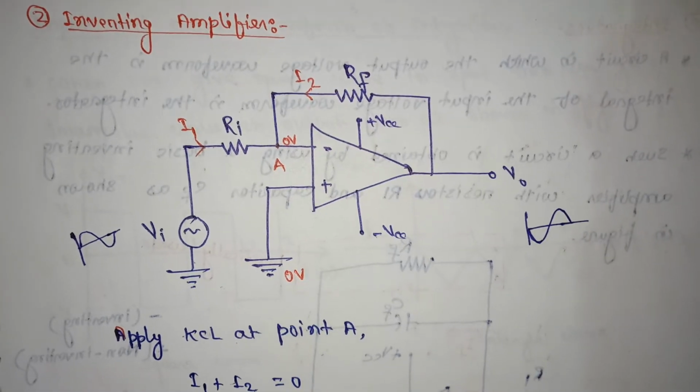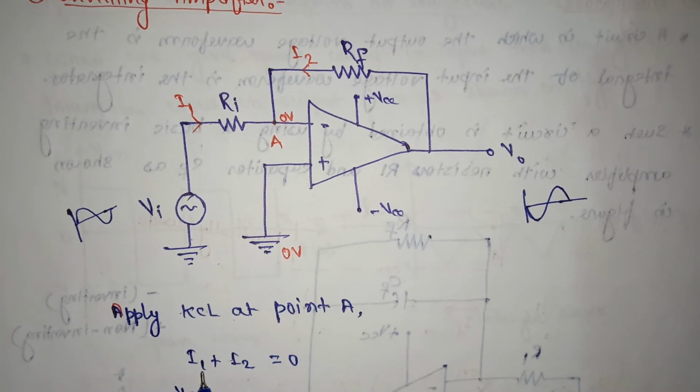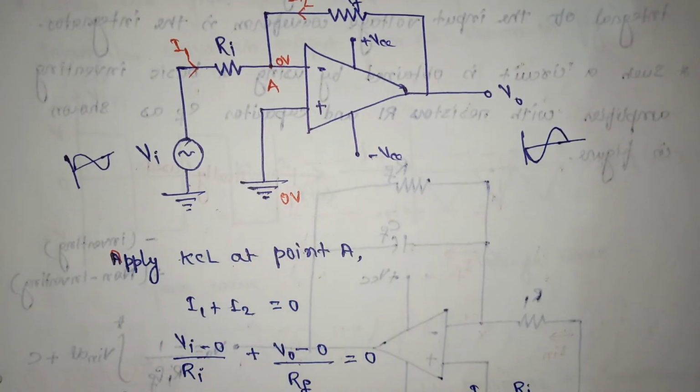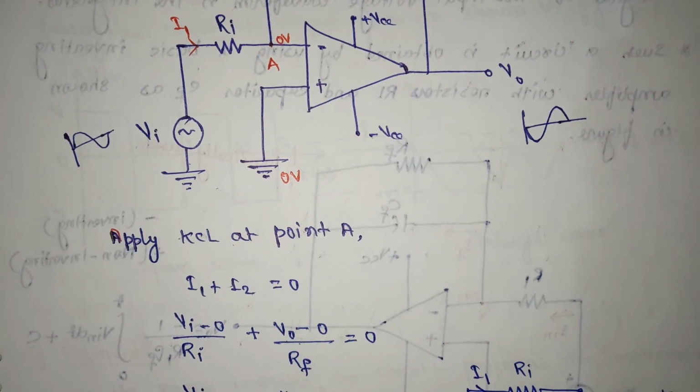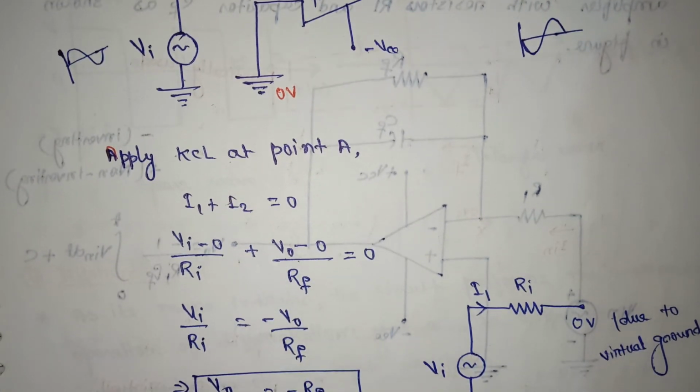Now apply the KCL at point A. From the KCL we know that I1 plus I2 is equal to 0, and from Ohm's law we have written that Vi minus 0 by Ri plus V0 minus 0 by Rf is equal to 0.